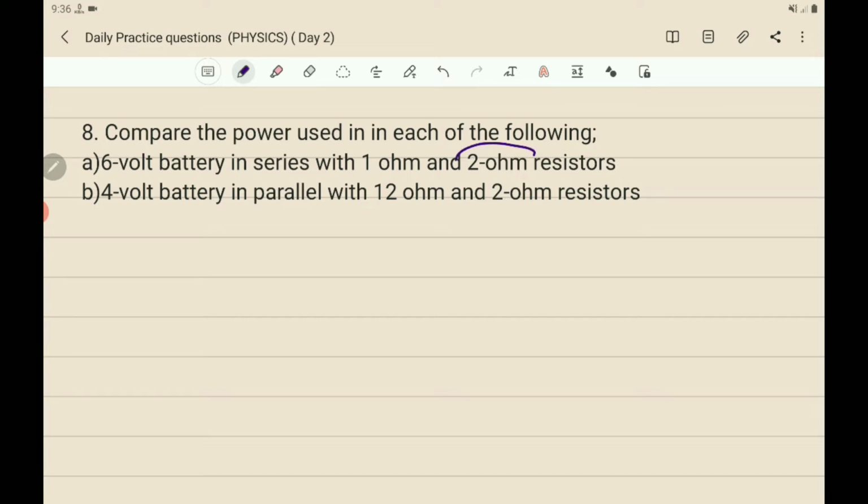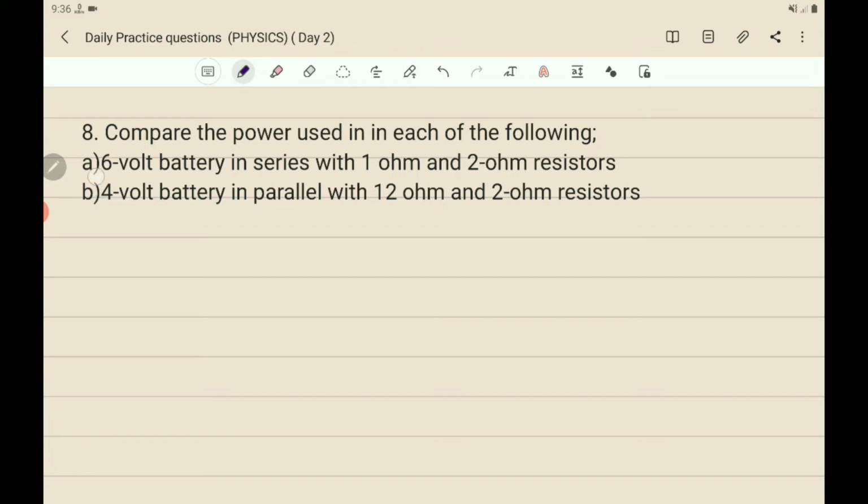Here in both cases 2 ohm resistors are there, but here the question is to compare the power used in each of the following. So first we have to find the power used with the 6-volt battery in series with 1 ohm and 2 ohm resistors, and again the power used with the 4-volt battery in parallel with 12 ohm and 2 ohm resistors.